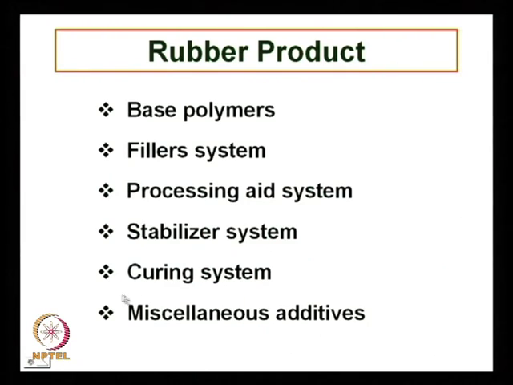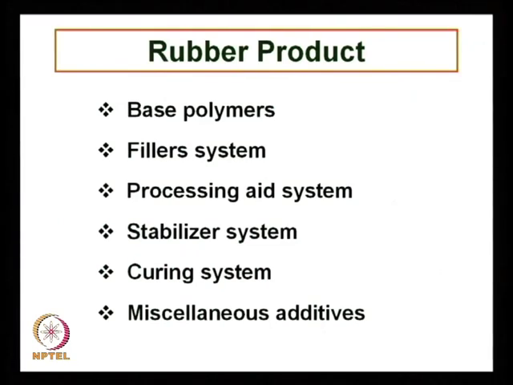And then there is the curing system. The majority of rubber products, except thermoplastic elastomers, are vulcanized or cross linked products. That means in the final form the products are thermoset type, insoluble in solvents as well as infusible by heat. So, they are stable.